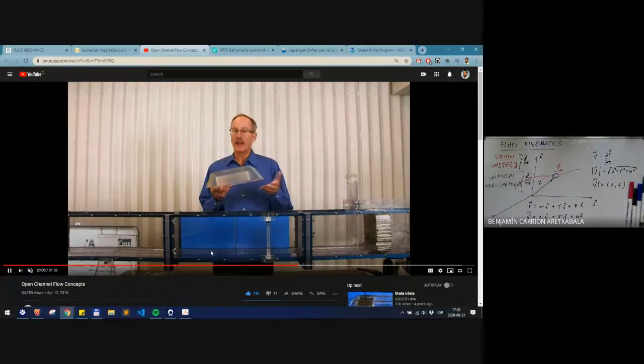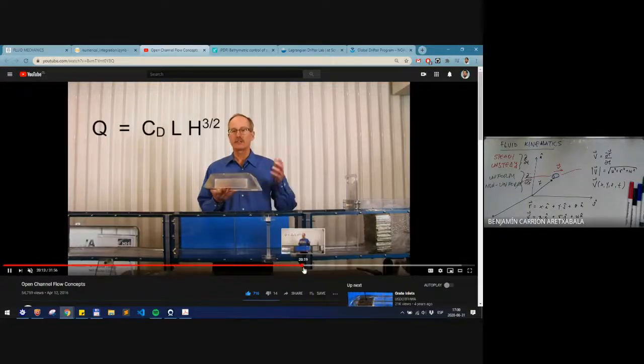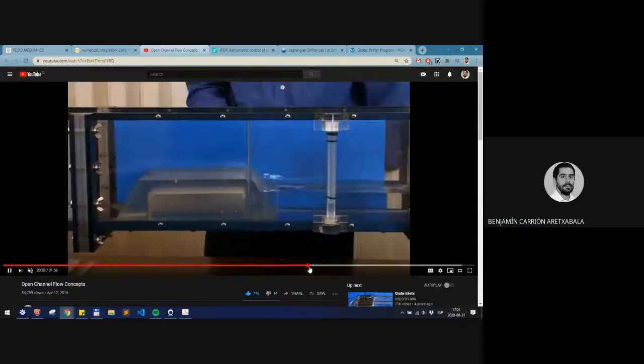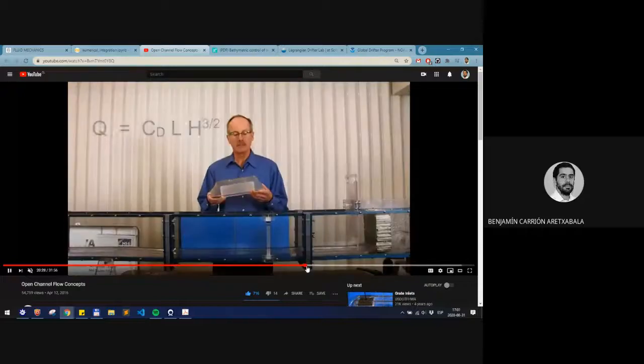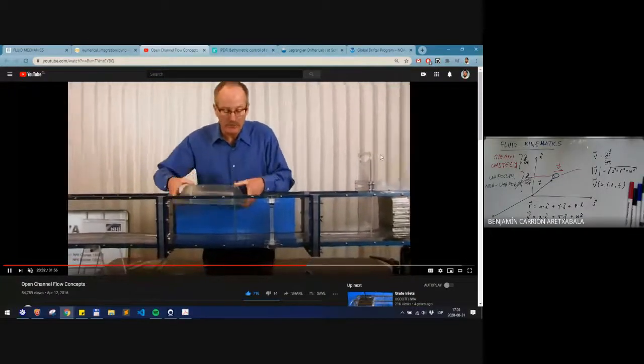So now he puts a weir, or a sill, it's called this thing. He's going to put it on the floor, and what's going to happen? The flow is going to change up until it reaches a new equilibrium. And while it changes, the flow is going to be unsteady until it reaches a new equilibrium, and then it will be steady again, right? Now he's going to put it in the bottom.